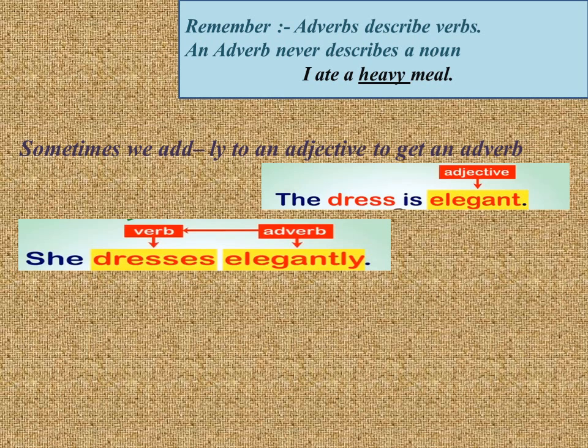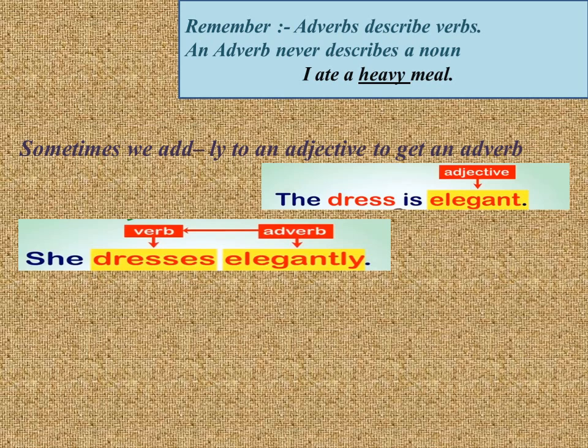Now, students, in the earlier sentence, the word dress is a noun. Here, she dresses, so dresses becomes a verb. She dresses how? She dresses elegantly. So elegantly describes a verb, and here elegantly is an adverb.